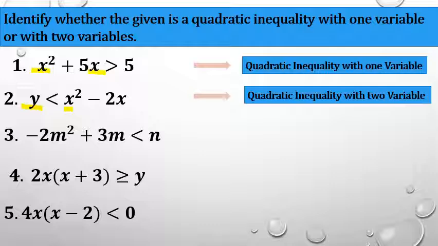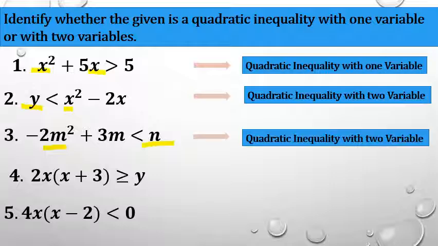Number 3, -2m squared plus 3m is less than n. Anong variables ang makikita? M at n. So, ibig sabihin, ang given ay quadratic inequality with two variables.